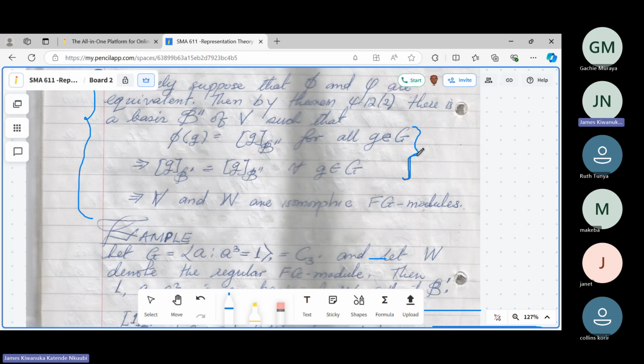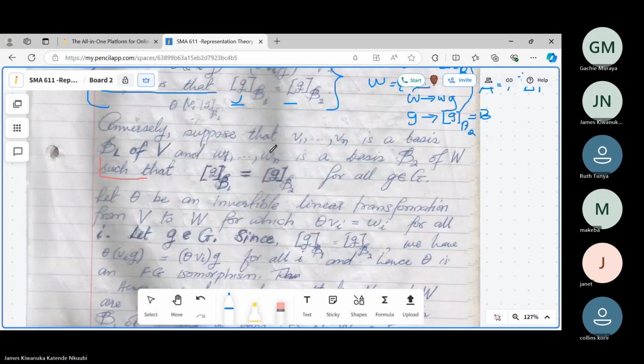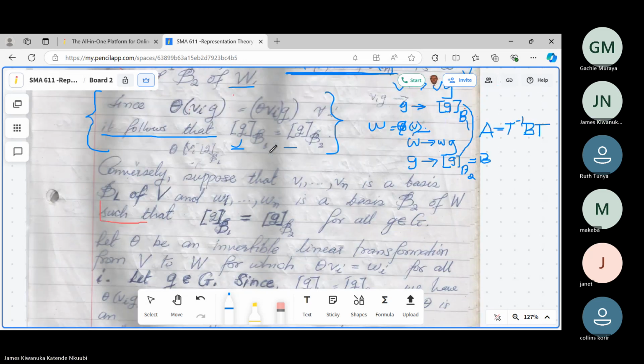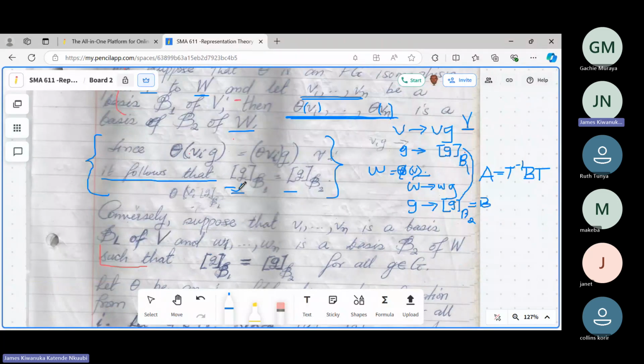If you get stuck, we can go over this. So there's a theorem itself that assumes that we have these two isomorphic FG modules, and it shows that these representations are equivalent.